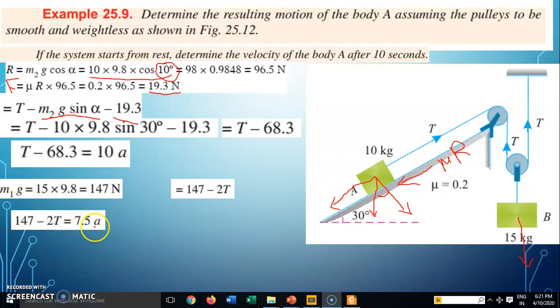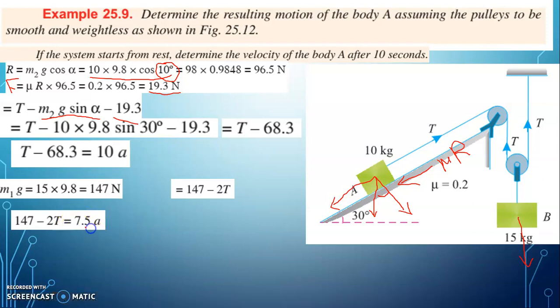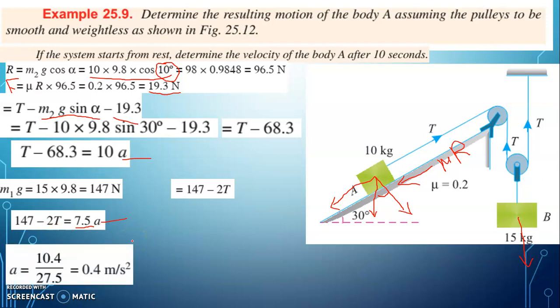So 15 into a by 2, or 15 by 2, they have written as 7.5. So total 7.5a. So our first equation is this and second equation is this. We got two unknowns and two equations. So by solving this, we will be obtaining the value of acceleration and tension.